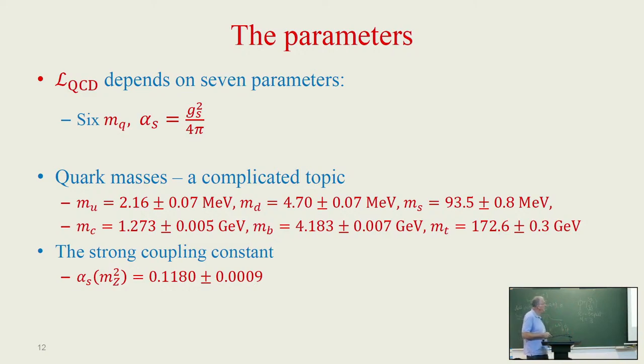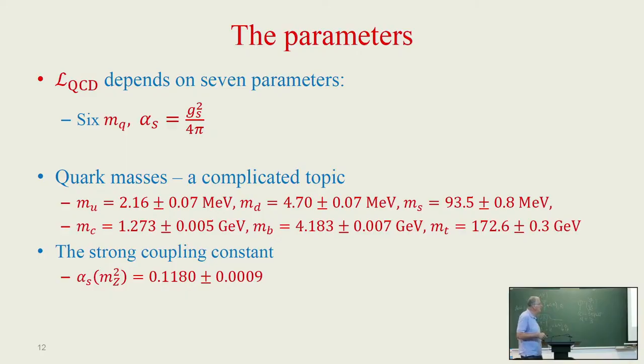And quark masses is a complicated topic that I will not enter, with some definition that is not actually the same for all of them. It depends on whether they are lighter than 300 MeV, heavier than 300 MeV, or even something super heavy like the top. With some definition that you can find in the Particle Data Group, these are the values.